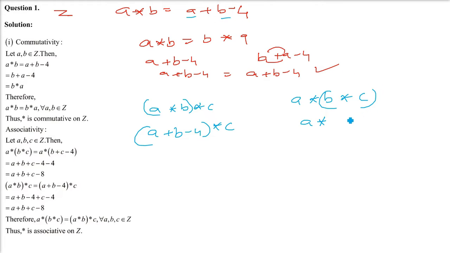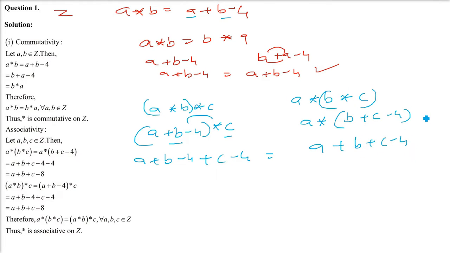Now the first term plus the second term, then subtract 4, gives A plus B plus C minus 4, and then another negative 4. So A plus B plus C minus 8. Here also A plus B plus C minus 8. They both are same, so star is associative on Z.